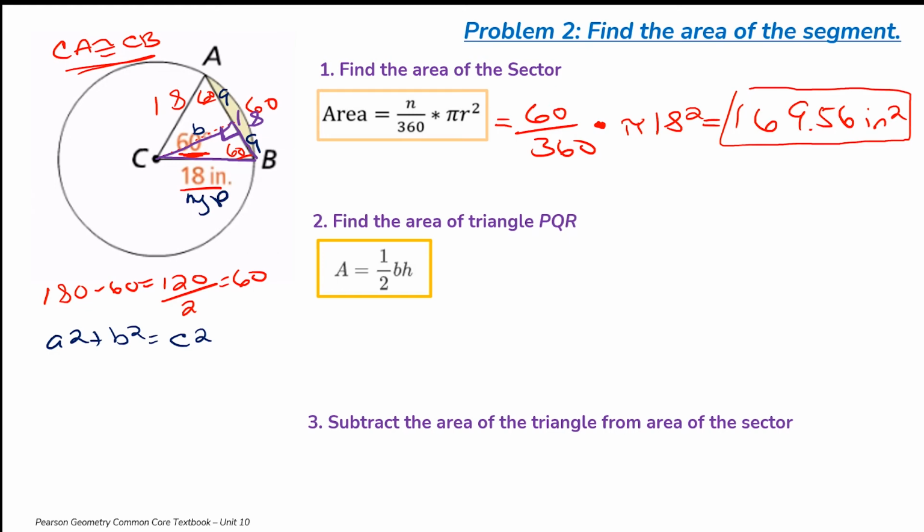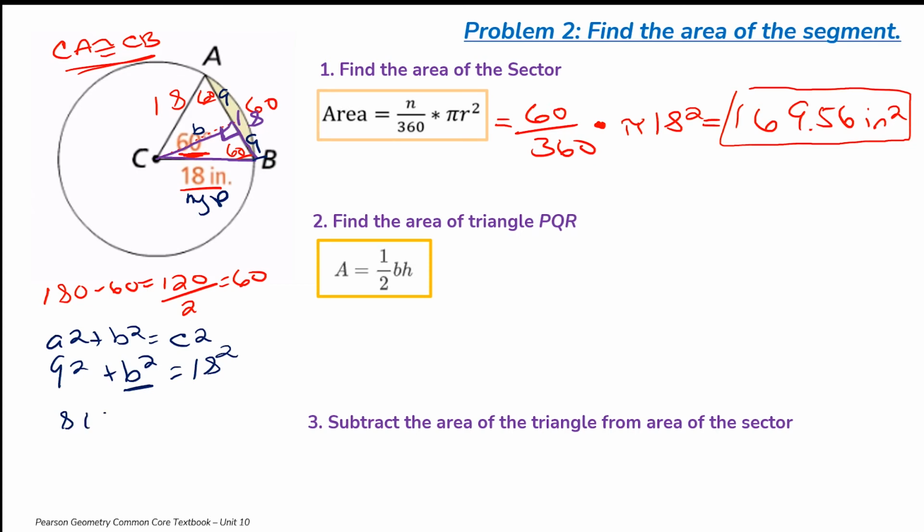So a squared, so one of my legs is 9, right? So I cut that side in half. So 9 squared plus b squared, and I should have used a different variable because I'm not looking for the base, I'm looking for the height. So I should have actually used h, but in the Pythagorean theorem our legs are a and b. So that's 18 squared.